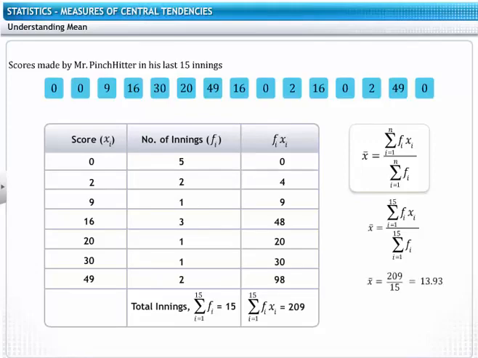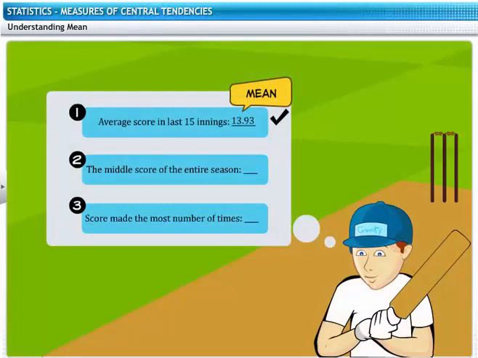We see that the value of the mean agrees with the value we calculated earlier. So, we have found the value of the first quantity of Mr. Pinch Hitter's performance record.